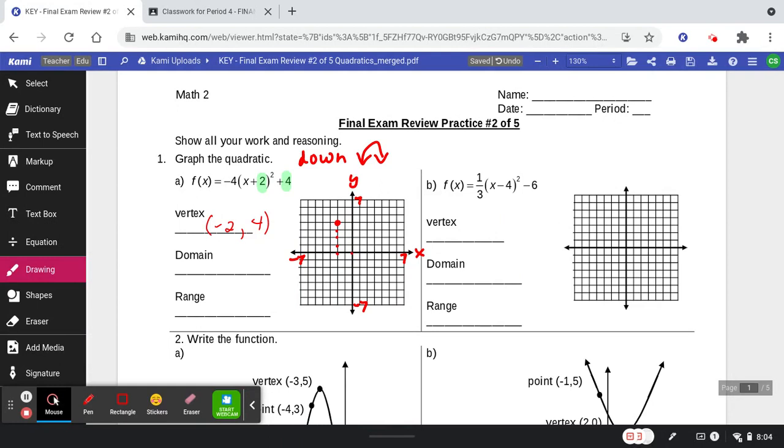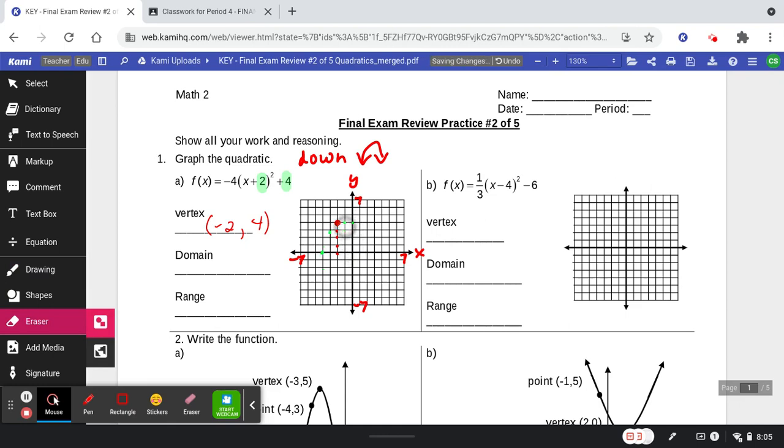A parabola normally goes out 1, down 1, and out 2, 2 squared is down 4. So the normal parabola would look like that.